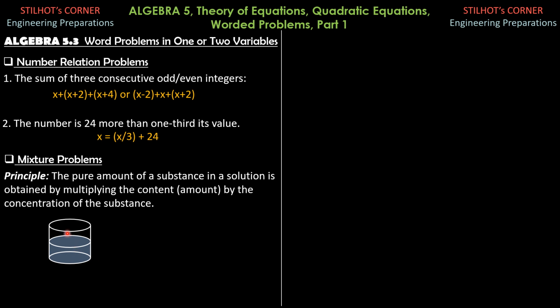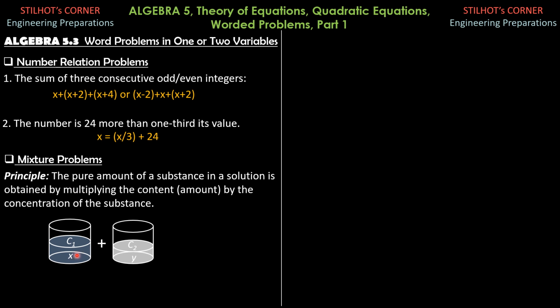Let us say this is the first solution with concentration C sub 1 and amount X, to be mixed with another solution with concentration C sub 2 and amount Y. If you add the two, the result will be X plus Y for the total amount. But the resulting concentration is denoted by C, and the principle above should be used.